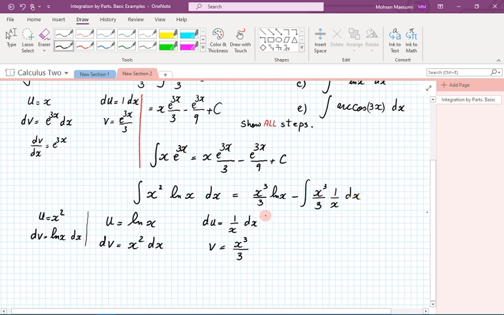So we separate our preparatory step here from our calculation. So I have x cubed over 3 logarithm of x, and this becomes of course just x squared over 3 dx, and out comes x cubed over 3 logarithm of x minus x cubed over 9, and then of course I have plus a constant.